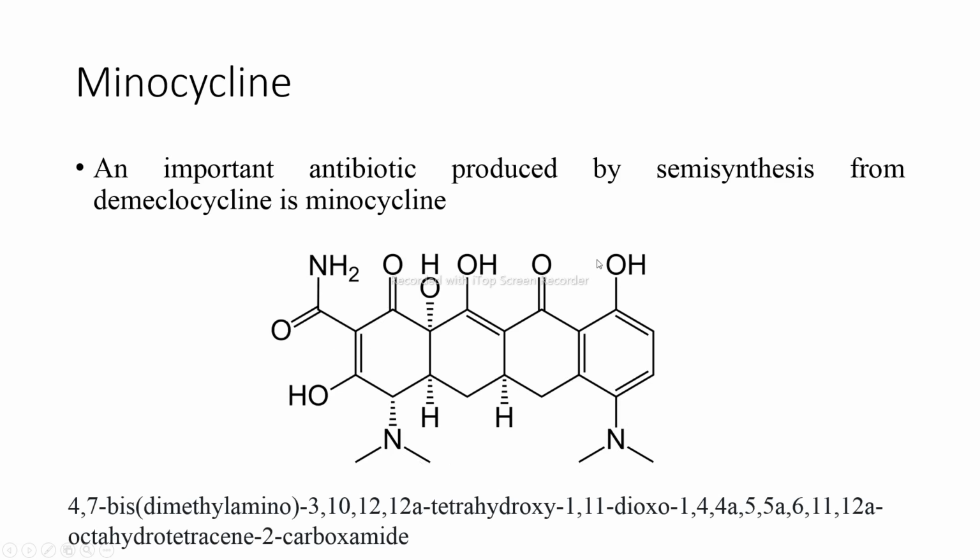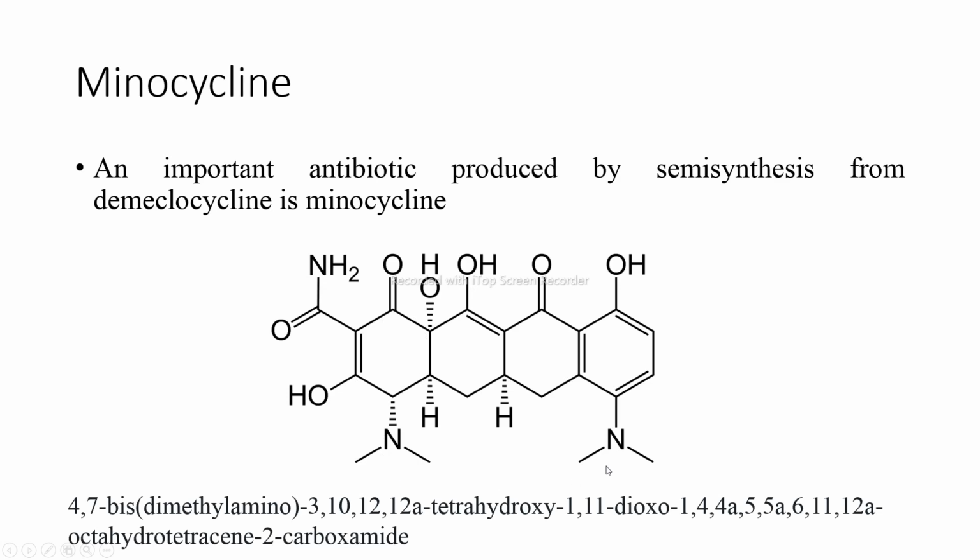So again hydroxy groups are there, dimethyl amino groups are there. So of course H comes first, so we'll first nominate the hydroxy group. So hydroxy groups are at third position, 10th position, 12th position and 12A. So total 4 hydroxy groups are there. So it is 3, 10, 12, 12A, tetrahydroxy. Then we nominate these two groups, which are present at the 4th position and at the 7th position.